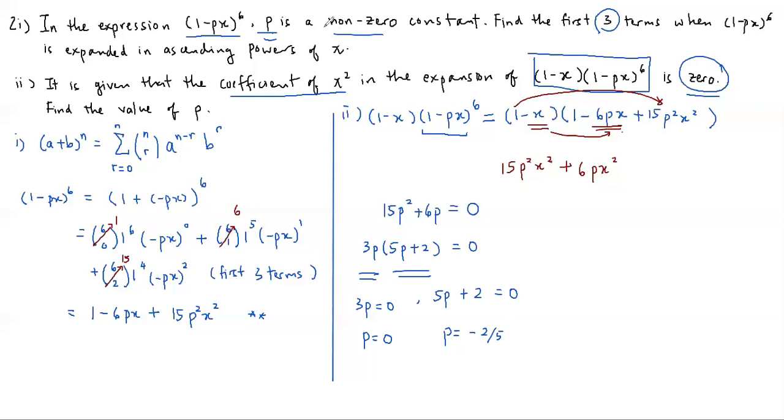From part 1, you are given that p is a non-zero constant. So this solution is not possible. This is inadmissible. And the only other solution that you have is 2/5 here. That will give you the final answer for question 2, part 2.